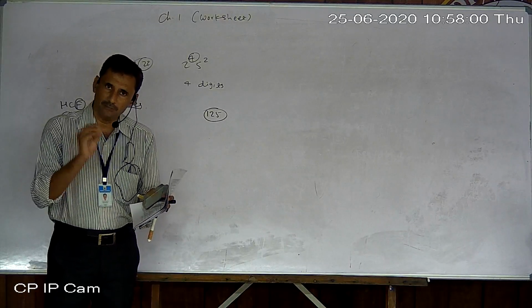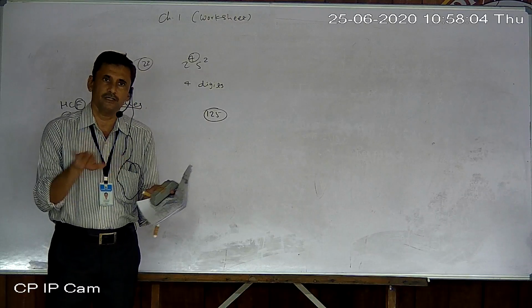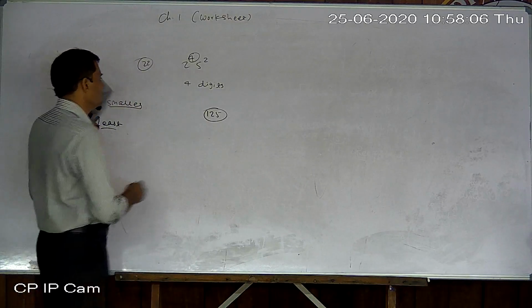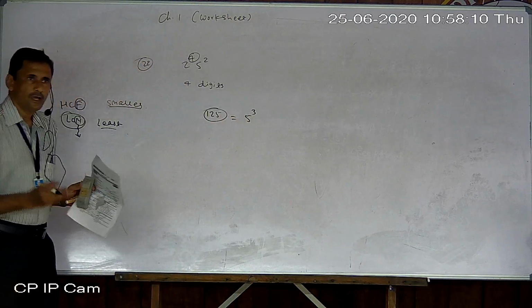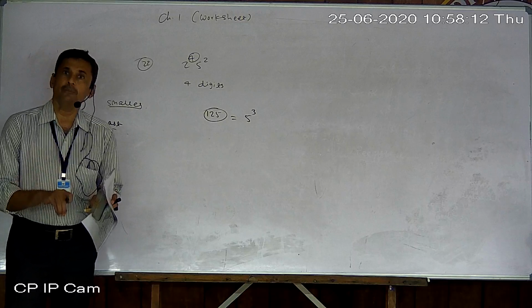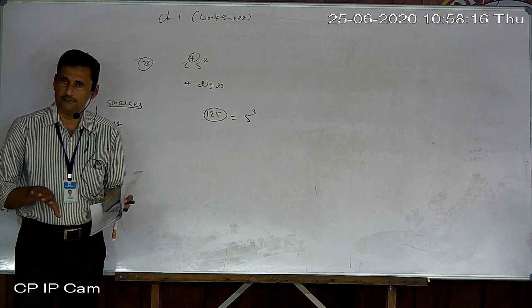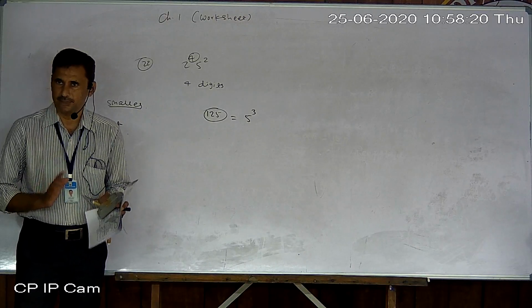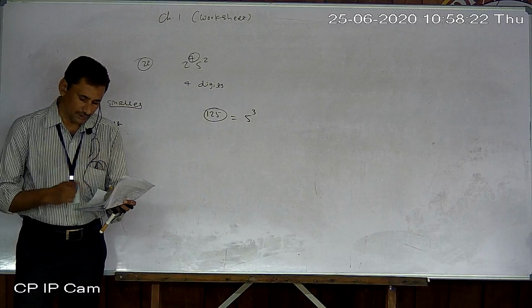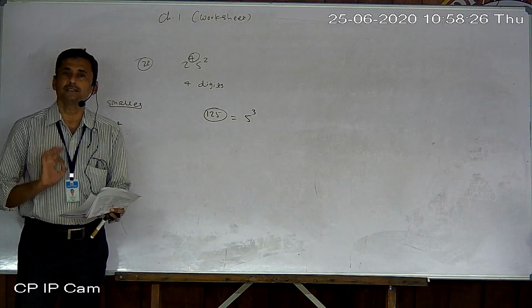If any p by q form number is there, then there are two options: either it is terminating, or non-terminating. So 125 is nothing but 5 raised to 3. If in the factorization of the denominator there are only 2s, only 5s, or 2 and 5 both only, no other number, then it is always terminating. So it is terminating, and they are telling that it is non-terminating. So the statement is false.